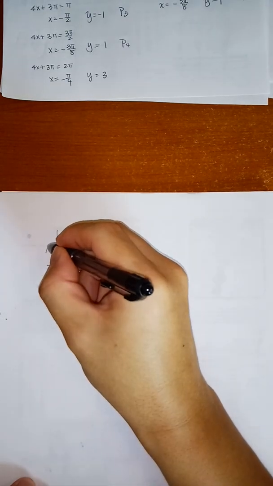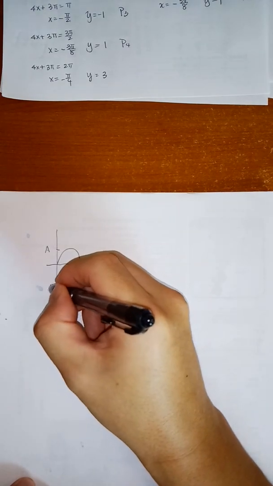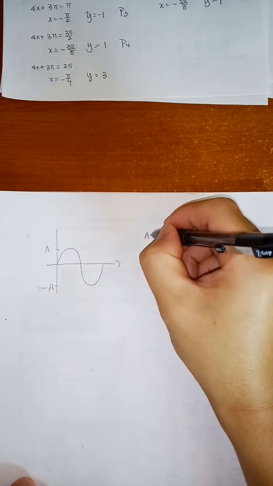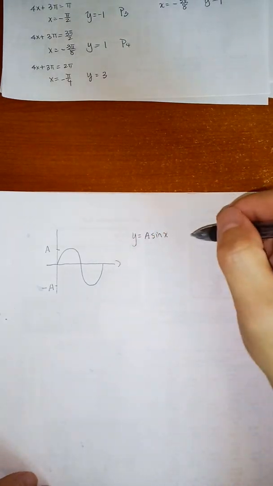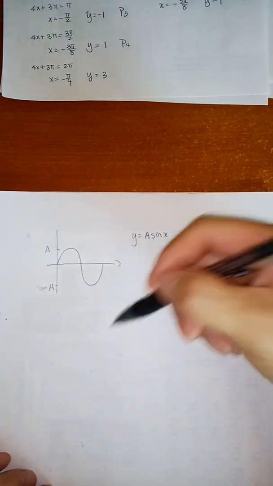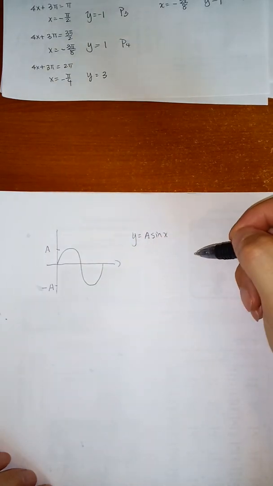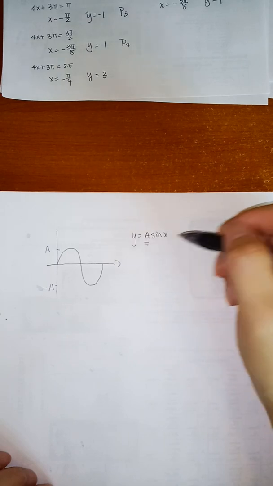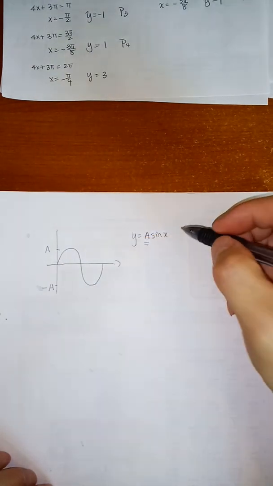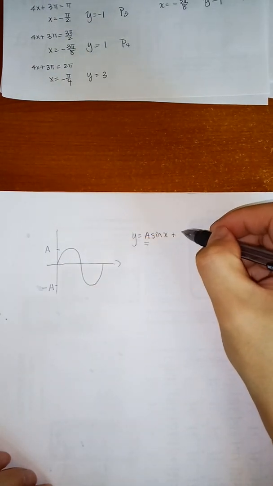Assume this is A, this is negative A sine x. Let's just consider the simplest stuff. Assume we have this, we just stretch it along the y direction. And then from the graph, how do we know what is the value of A? Or maybe you plus some number.